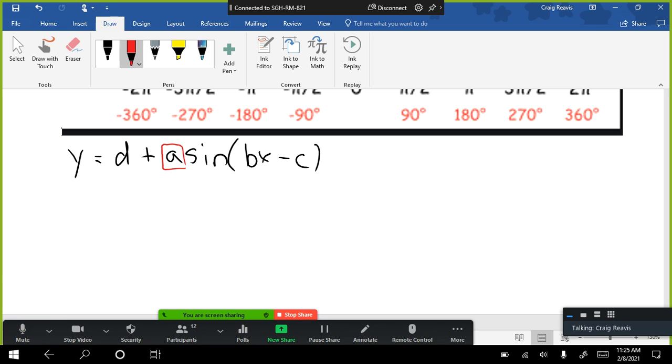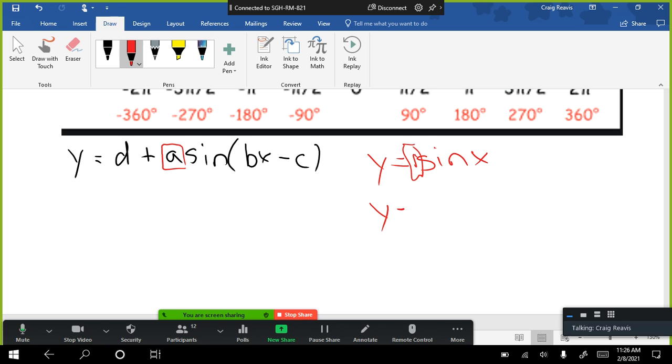That number tells us how far it is from the center of the graph to its high point. So in our normal y equals sine of x, there is an understood 1 right there, so we know our amplitude is 1.